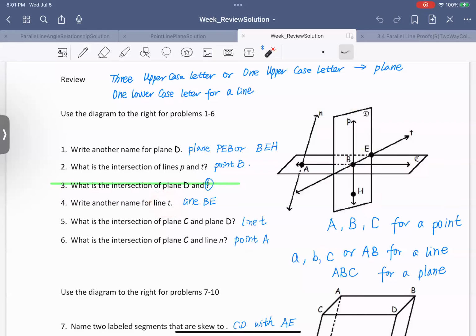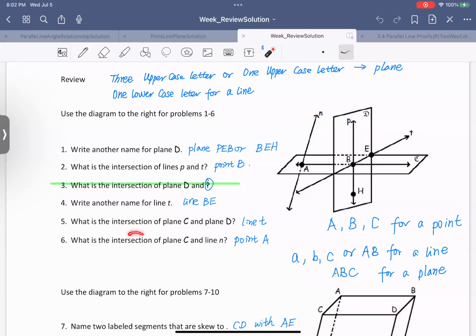And then look at this here. They ask you for another name for line T. Line T, you can also call this line BE. Two capital letters or one lowercase letter to represent a straight line.